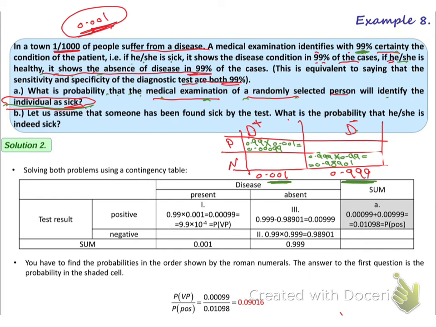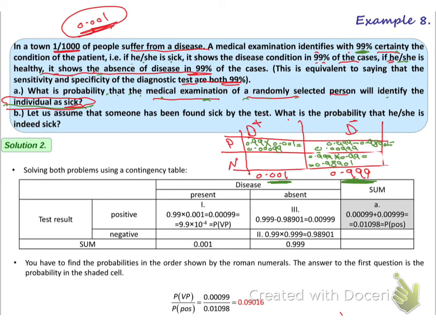This one will be the total 0.999 minus 0.98901 equals, we'll put it here, 0.00999.